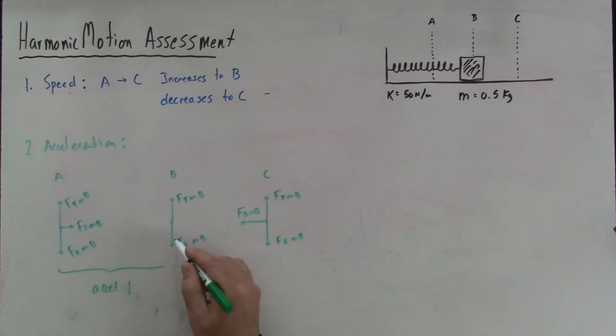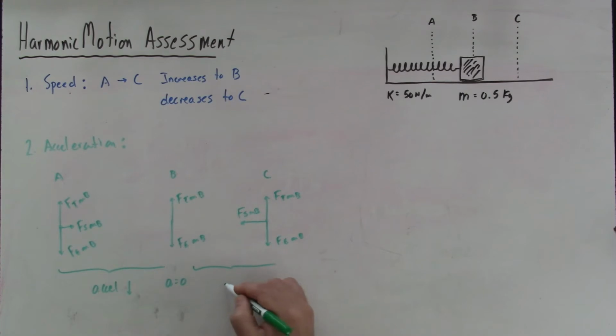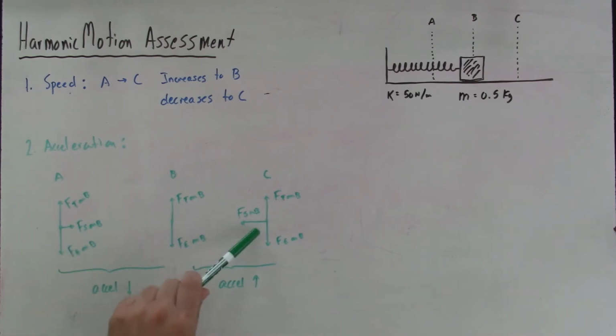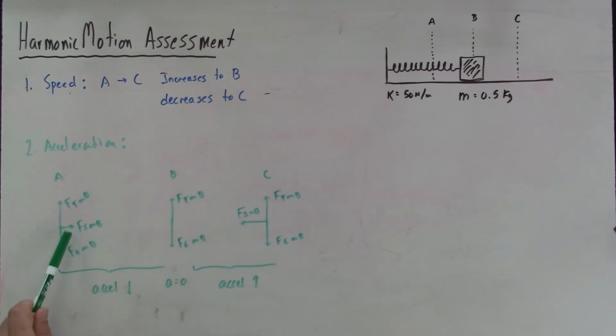Acceleration decreases because here acceleration is 0, and then it increases because it's large again. So we have large, 0, then large again, so acceleration decreases and then increases. And that's because the unbalanced force decreases and then increases.